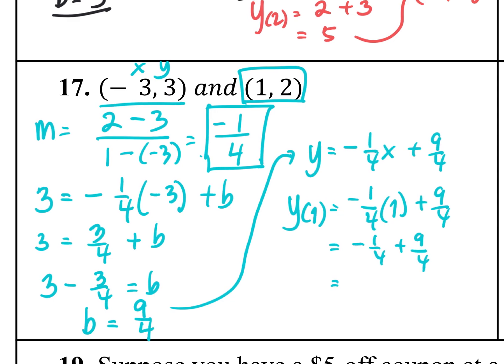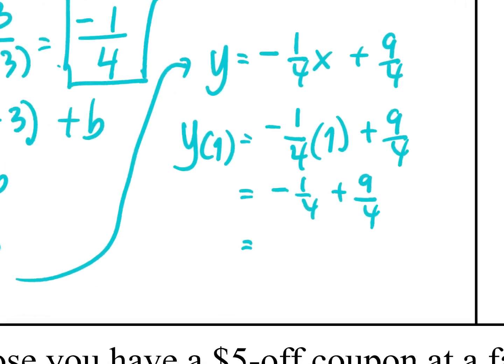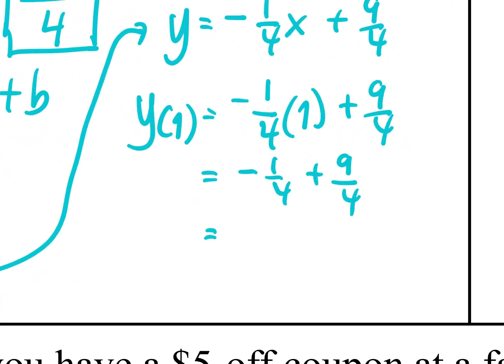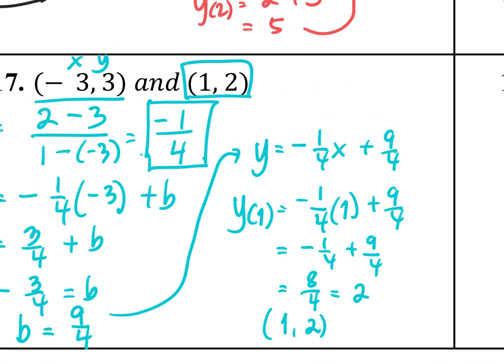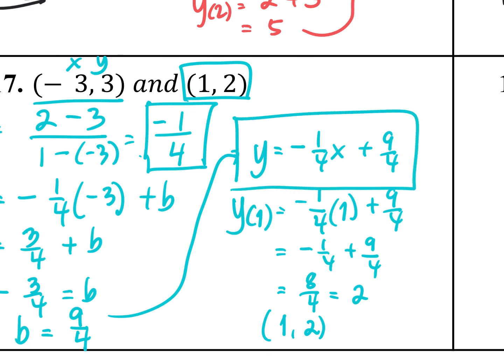Now they have the same denominator, so I will just add the numerators. Negative 1 plus 9 is 8 over 4, and 8 over 4 is 2. Therefore, there is your coordinate 1, 2. So that means that your equation is correct.